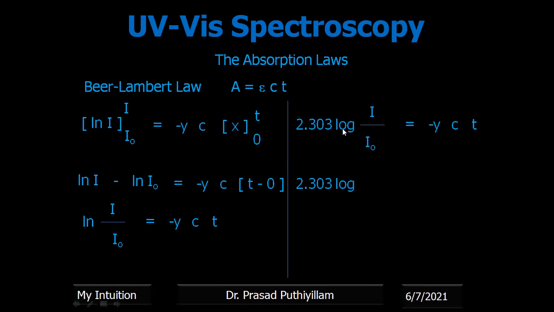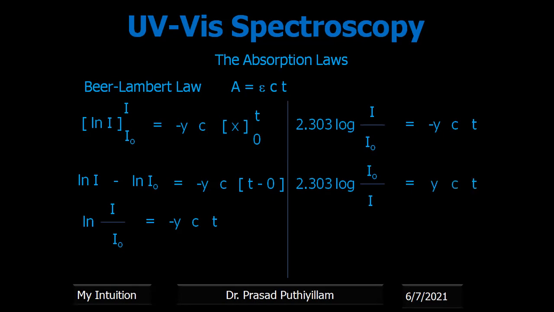When we take the negative to the left hand side, we can interchange the numerator and denominator. That is an easy method, that is again maths only. You can clarify with any maths professor. So writing I0 by I, the negative symbol we took to the left hand side, it equals y into c into t.